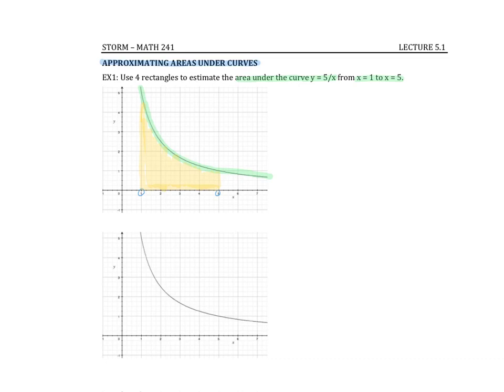I'm going to first start with looking at the left endpoints. And I'm going to be using 4 rectangles. Okay, so what this is going to look like is I'll have 1, 2, 3, 4, 5.